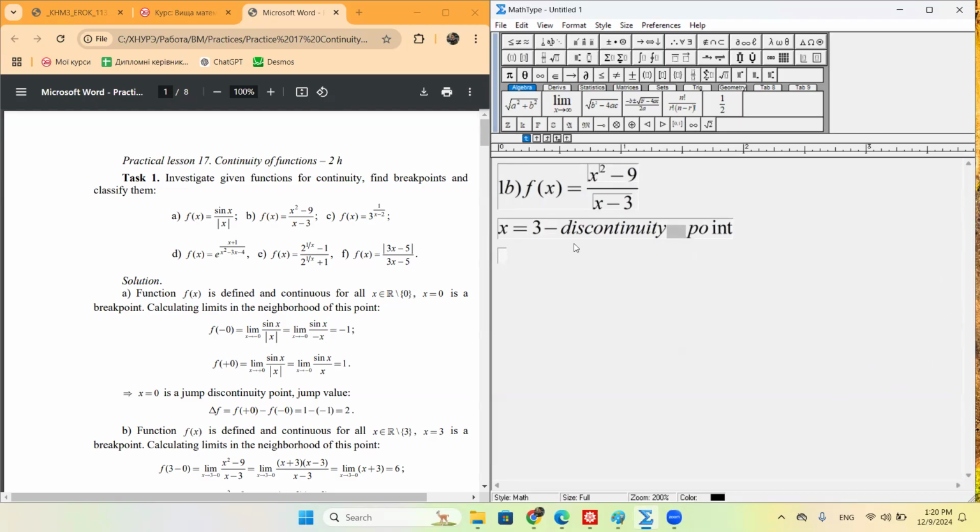Let's investigate it as well. f from 3 minus 0, calculating from the left.